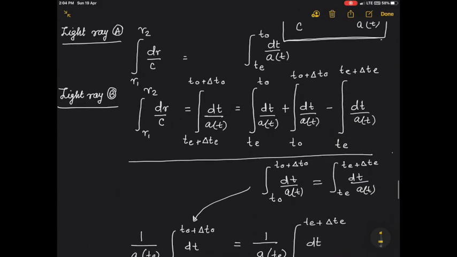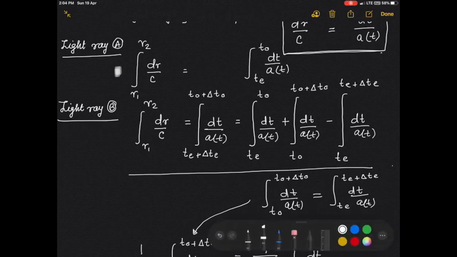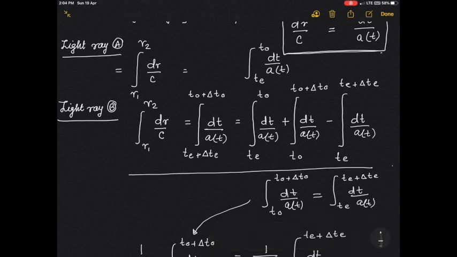So dc here is nothing but R2 minus R1, which is the result of this integration. So this is equal to R2 minus R1 by c.